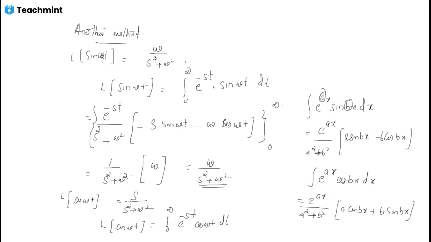Here we get e raised to minus st by the coefficient of t, minus s, the whole square, plus b is omega, omega square, into minus s cos omega t plus, in the place of b, omega, b sin omega t.